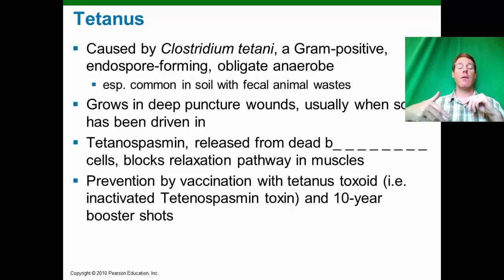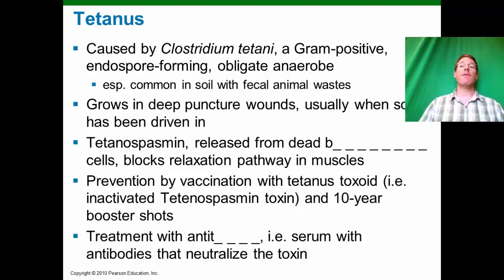Tetanospasmin toxin is the toxin from the bacterium, but if we take a version of that and inactivate it and then inject it into a child or a young person, then that toxin will, in the future, be recognized by your immune system. You will have antibodies for that toxin, and it will be destroyed as soon as it's detected by your immune system in the future, and you won't suffer the consequences of that toxin.